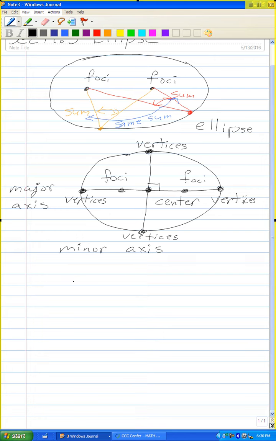I'll determine the equation of the ellipse, and this will be with center being the origin.